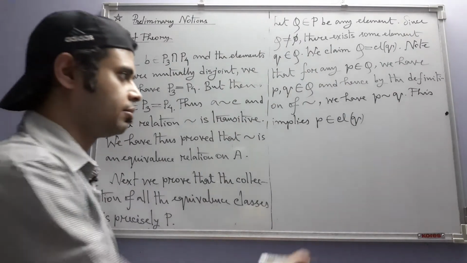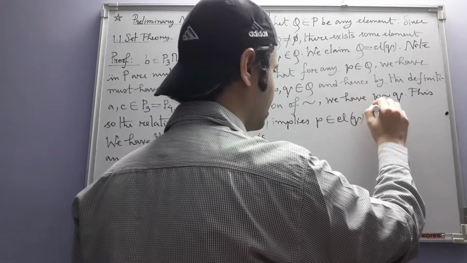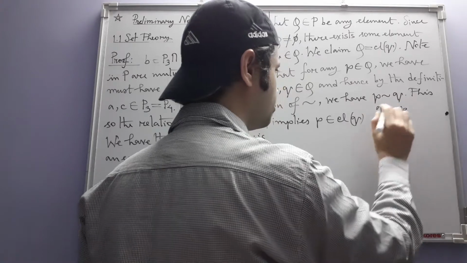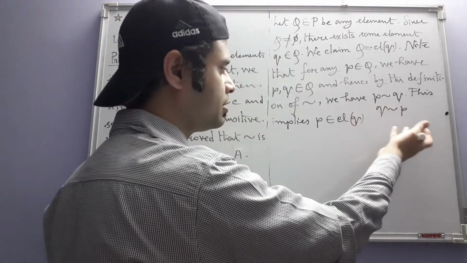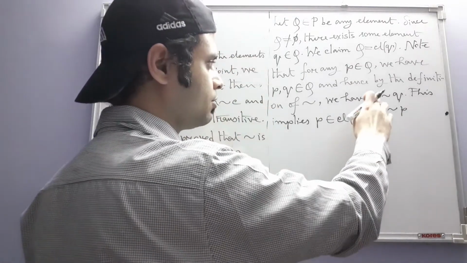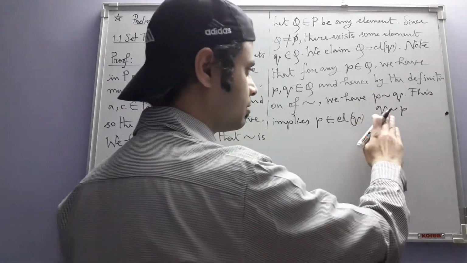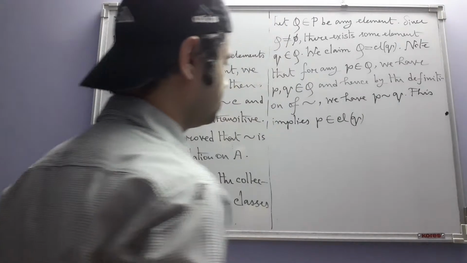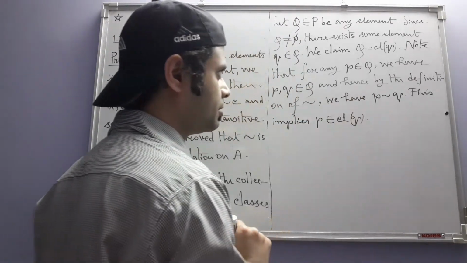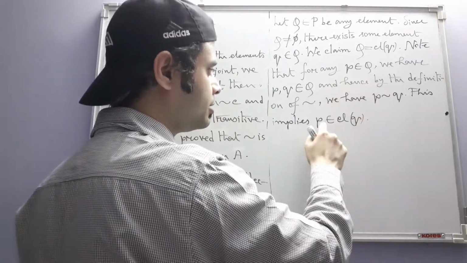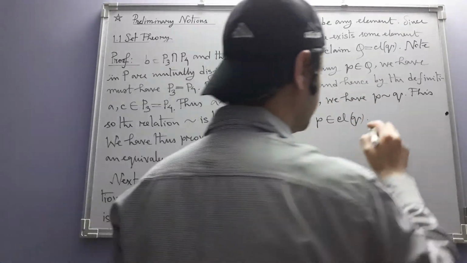Actually, you may say that I should have had q related to p to write this, but since the relation is symmetric, we have already proved all those things, so both are true, so we don't have to bother about that. So this implies this. So you see that any element in Q is now in class of q.